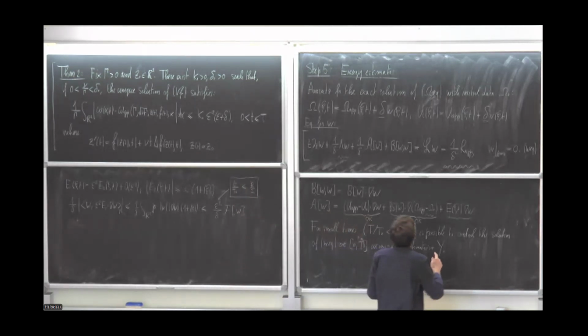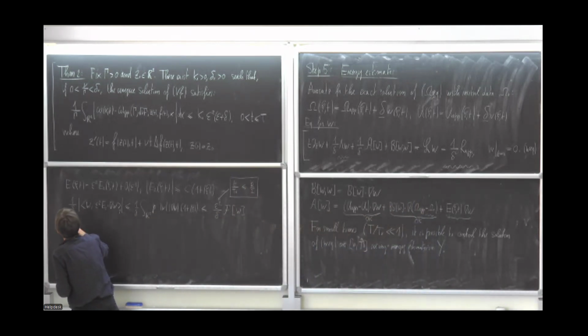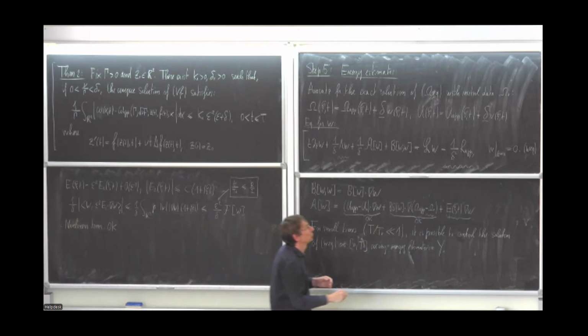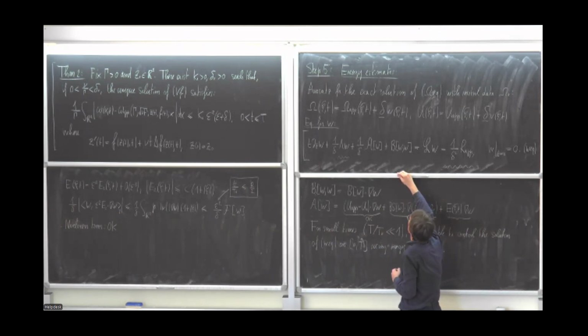And finally, the nonlinear term. This can be bounded by F to the power 1/2 times E, and this will be small anyway in my argument. So let me just take for granted that this term will be okay.